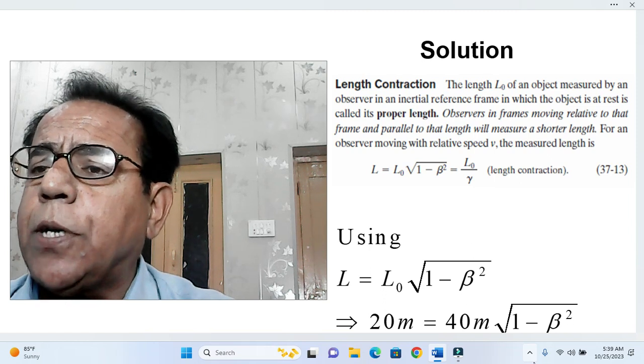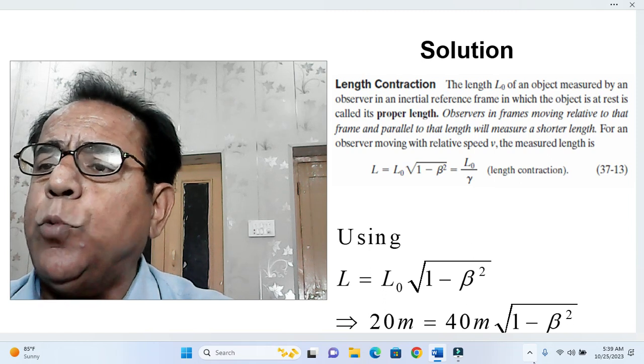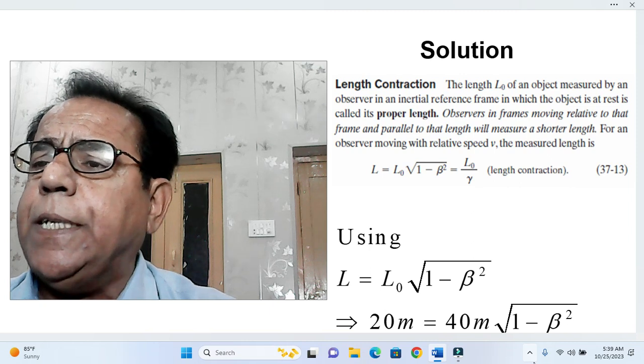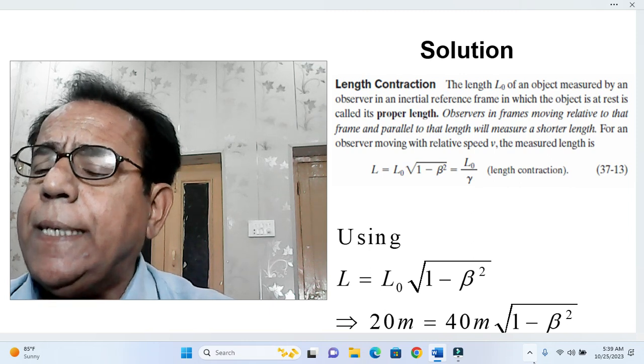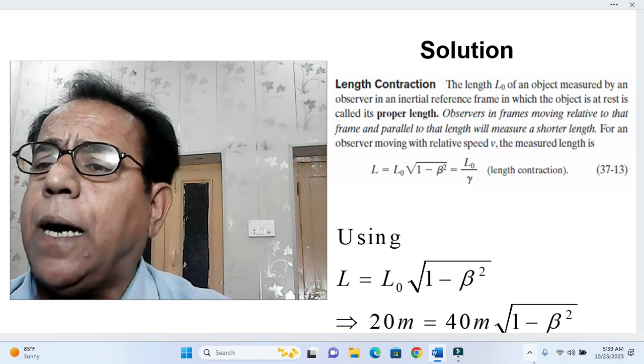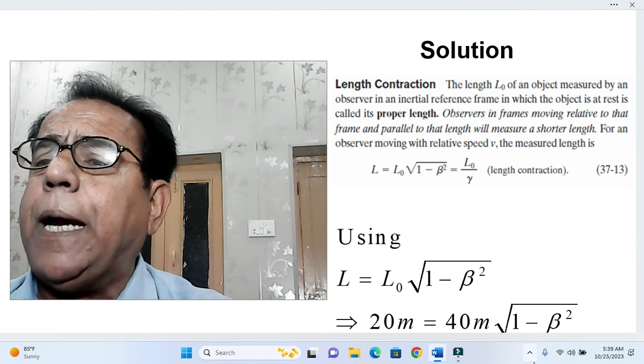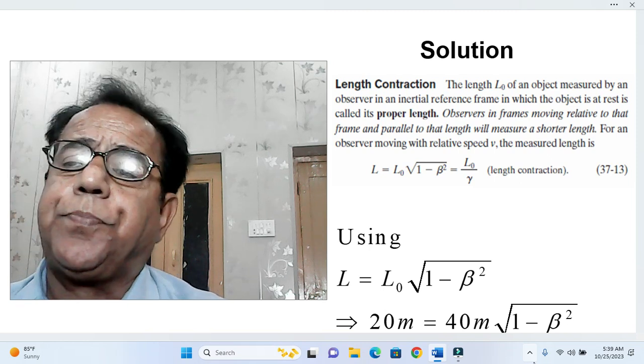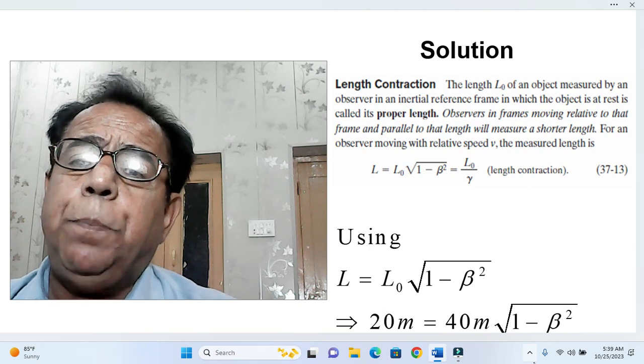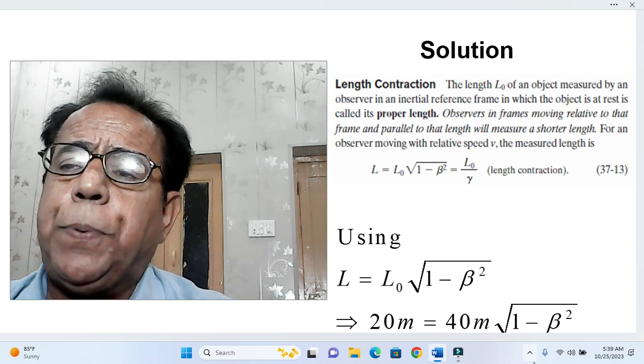For an observer moving with relative speed v, the measured length is L equal to L naught into under root 1 minus beta square. Dear students, beta is called speed parameter.